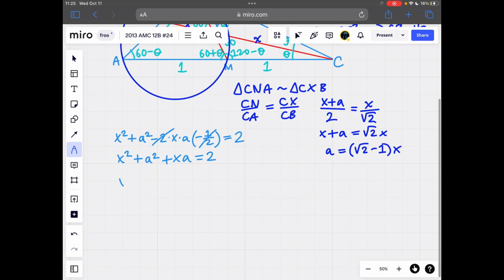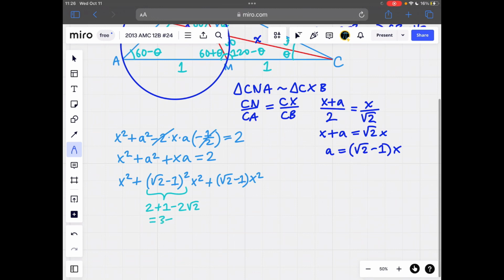So we have x squared plus root 2 minus 1 squared times x squared plus root 2 minus 1 times x, which is just root 2 minus 1 x squared. And root 2 minus 1 squared, let's do that. It's just 2 plus 1 minus 2 times root 2 times 1.